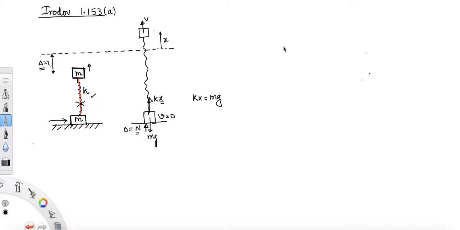Now apply the work-energy theorem for these two blocks. We have the work done by gravity acting on the upper block, plus the work done by the spring, and this must be equal to the change in kinetic energy of the system.